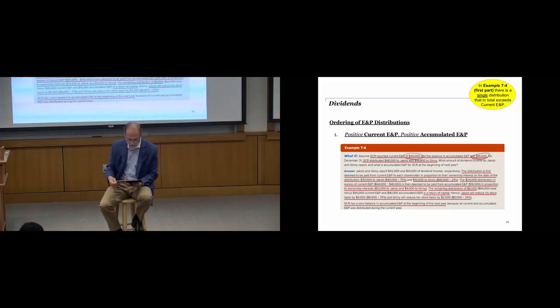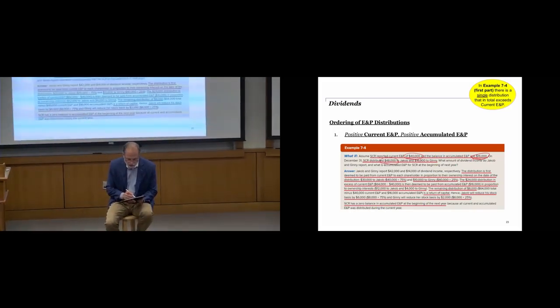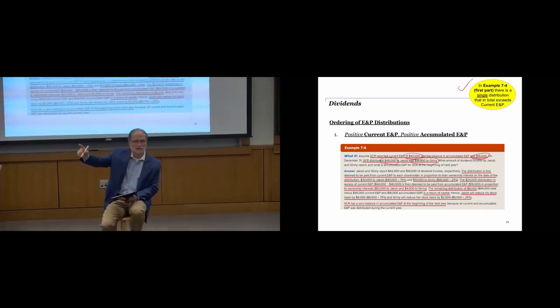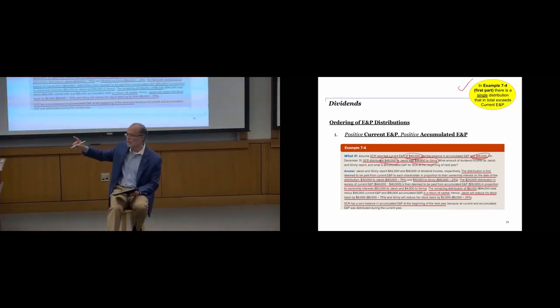And so the company distributed $48,000 to Jacob and $16,000 to Jenny. I added up here, this was a single distribution, right? It was at December 31. So I don't have any of that pro rata stuff. I don't have any of that first come, first serve to accumulated E&P because there's only one distribution.